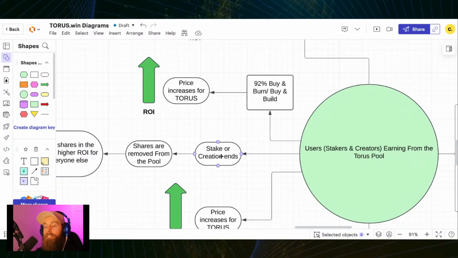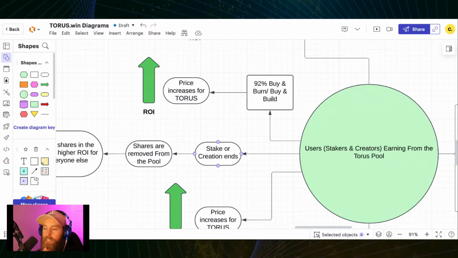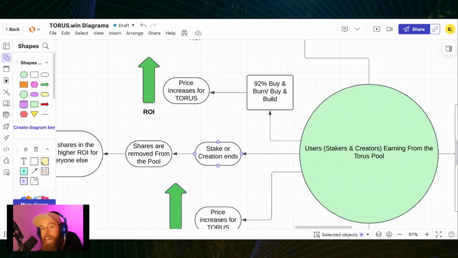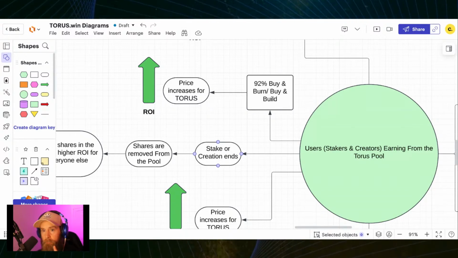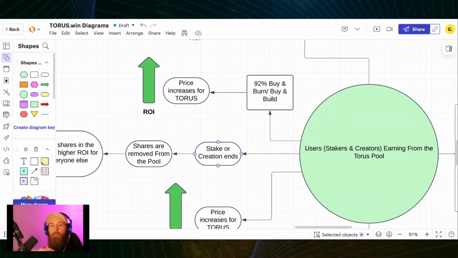Now, this is probably one of the biggest things I want you guys to understand. When a stake or creation ends, the ROI for the whole pool will increase for everyone still in it. Imagine you've got a pool of people, and they're all earning TORUS. There's 100 shares, right?